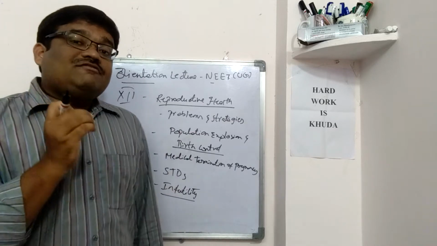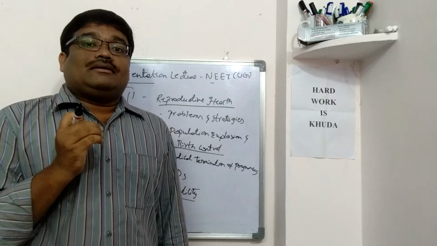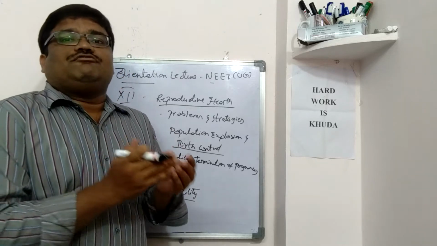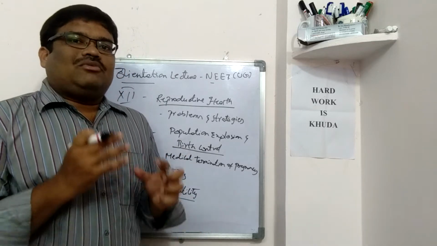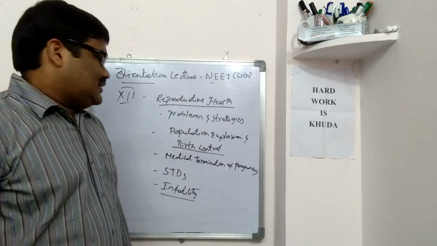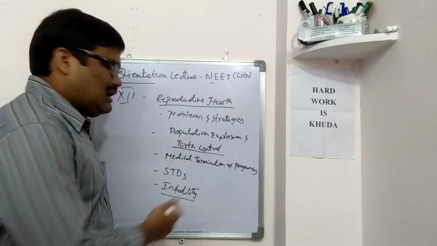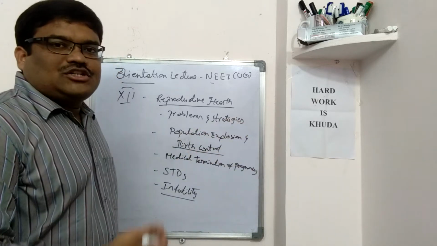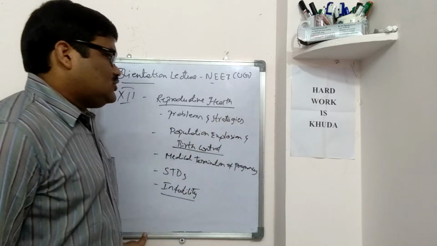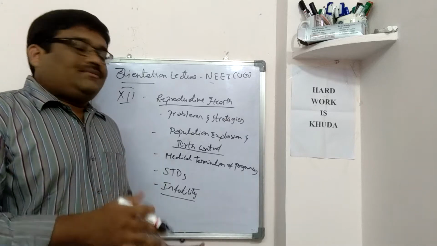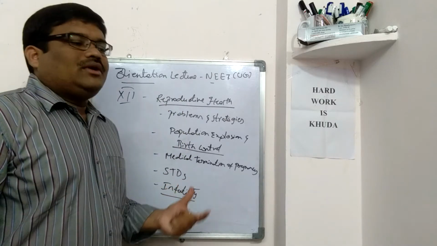They would ask about the significance of such things in the prevention of infertility. So all these are important sub themes in reproductive health, like intracytoplasmic sperm injection under infertility, or lactational amenorrhea in birth control measures.